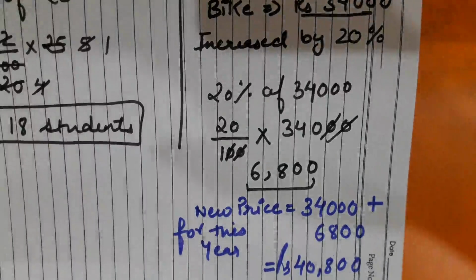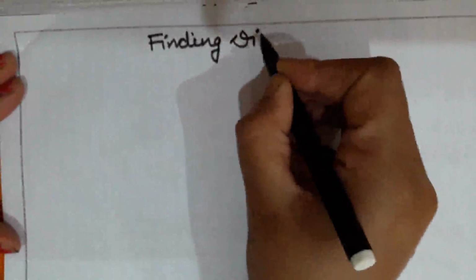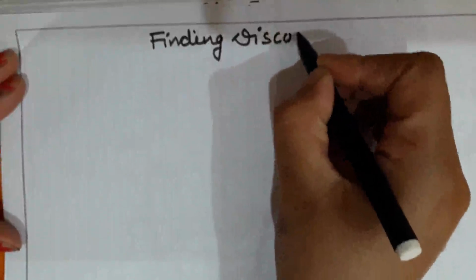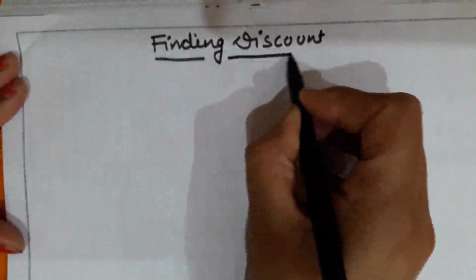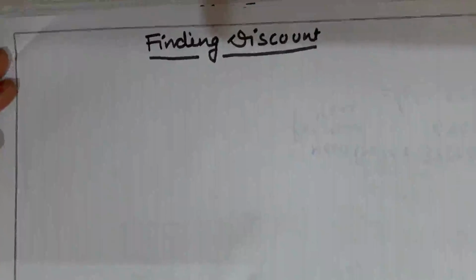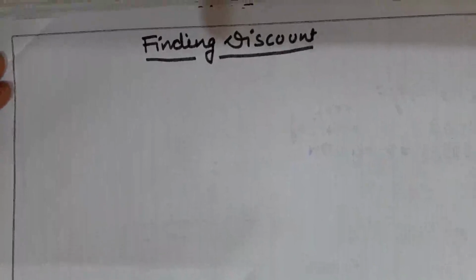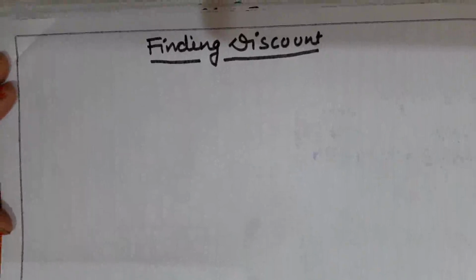Getting my point? Now our new topic is finding discount. Children, we are just understanding the concept on which we are going to have different types of questions. So, finding discount.